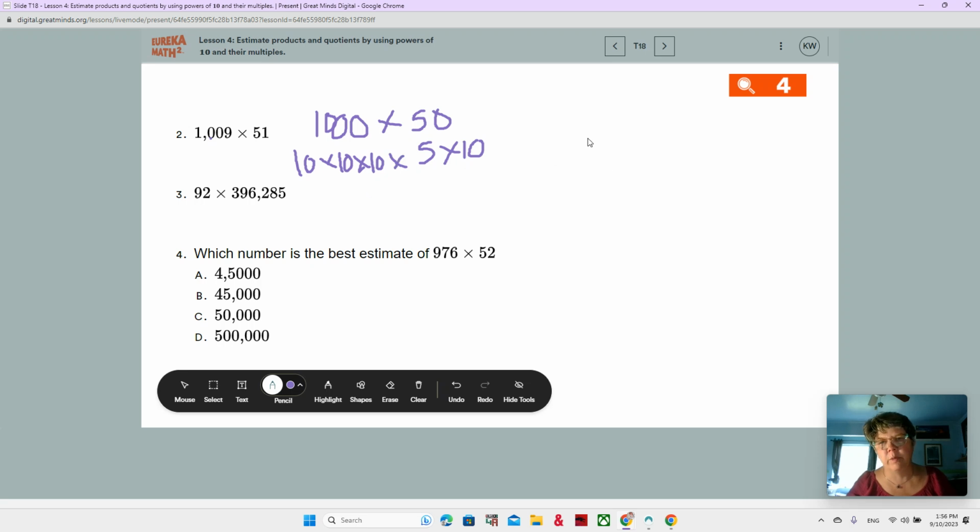Okay, so now we have 4 tens. So that would be 10 to the 4th power times 5. Okay, or 5 and 4 zeros. 50,000. Okay, make sure you have that written in your book under number 2.